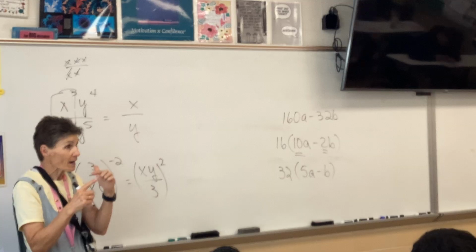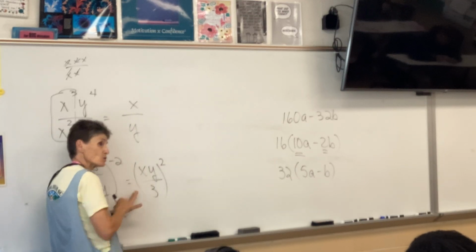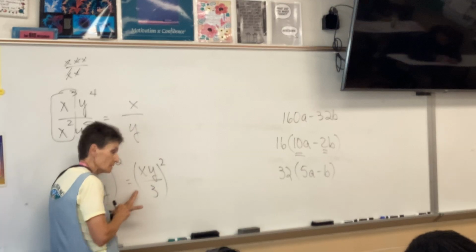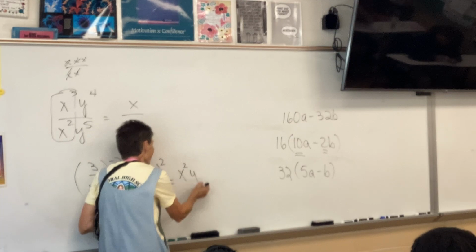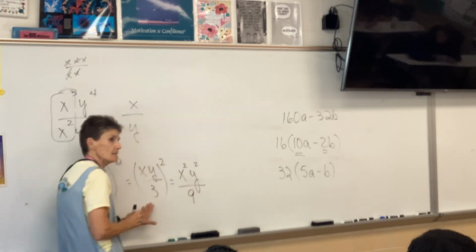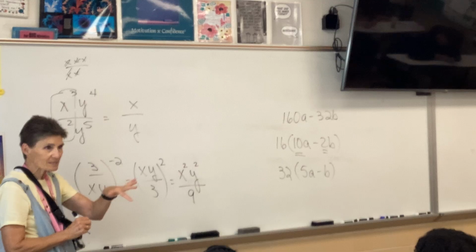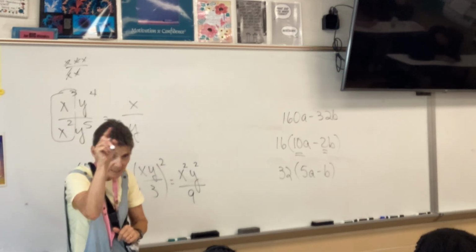So I flip my fraction. Now, Philip, you're right. Everything is going to get squared. So X is gonna get squared. The Y is gonna get squared. And the 3 is gonna get squared. Don't put a 6 down there. It's not 3 times 2. It's 3 to the second power.